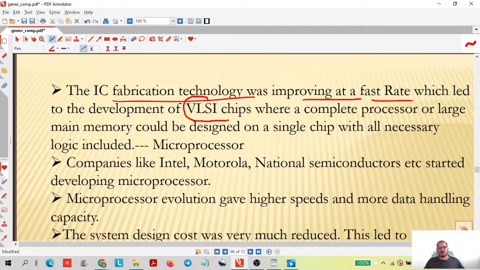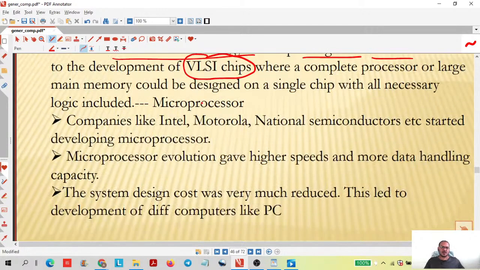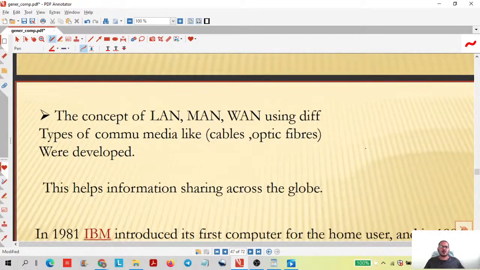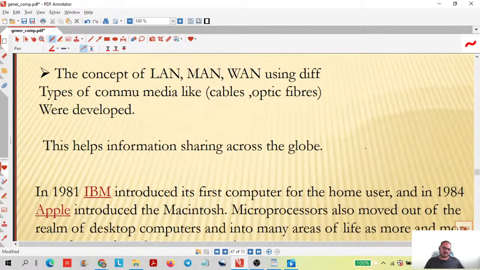That helped the development of VLSI chips, like your processor and all. Most of the companies like Intel, Motorola, and National Semiconductor came to the market for developing ICs, integrated circuits, and also the concepts of local area network, metropolitan area network, wide area network.